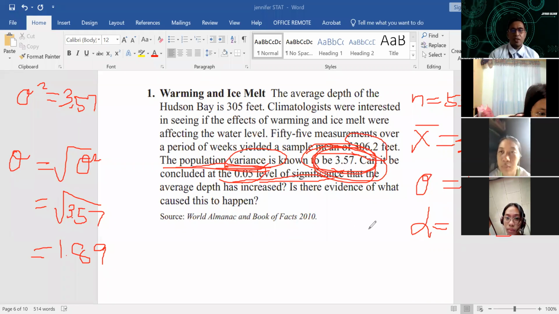Here it says: can it be concluded that at 0.05 level of significance the depth of water has increased?